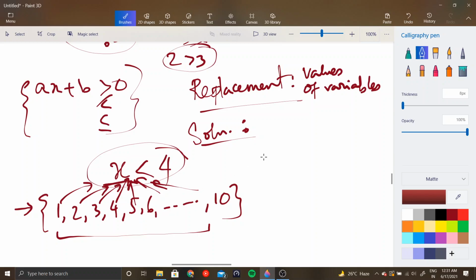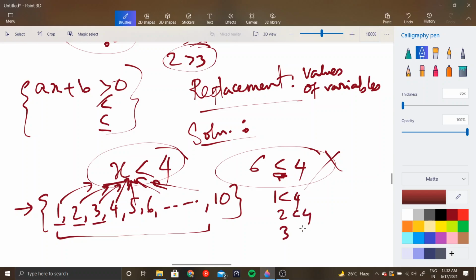If I choose 6, is 6 less than 4? No, it is not correct, so it will not be a part of the solution set. But if I choose 1, 2 and 3, 1 is less than 4, correct, 2 is less than 4, correct, 3 is less than 4, correct. Any other value here in this set is not correct. So the solution set here is 1, 2 and 3.